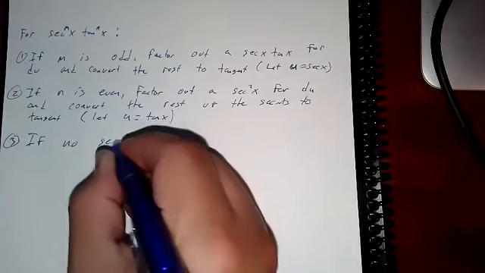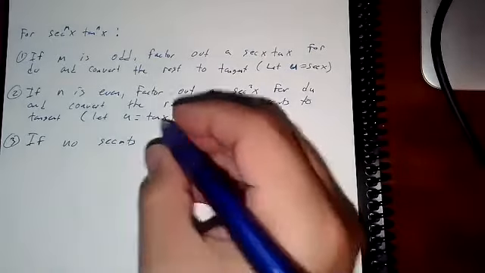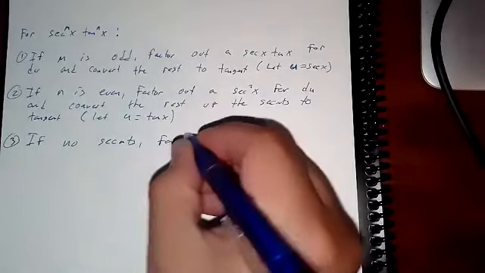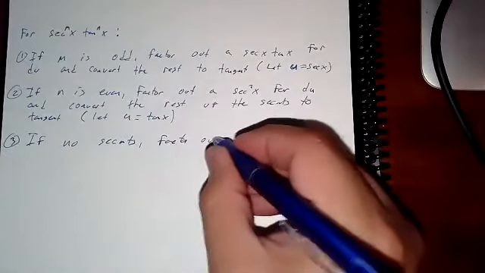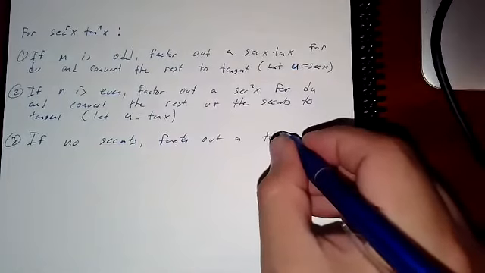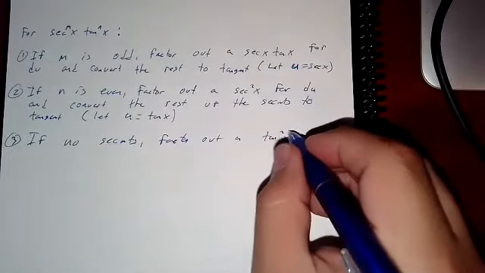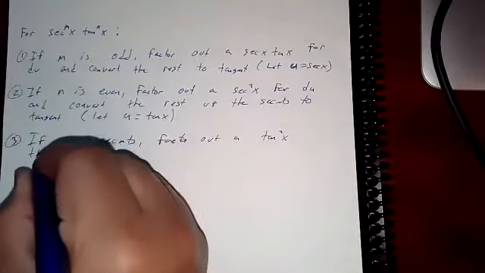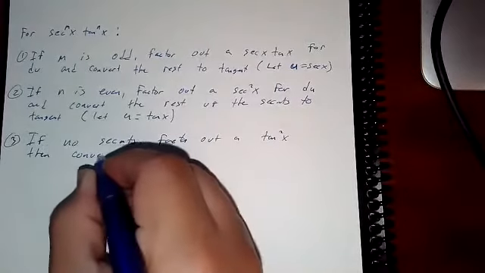If no secants are available, if no secants, factor out a tan squared, then convert it to secant squared.